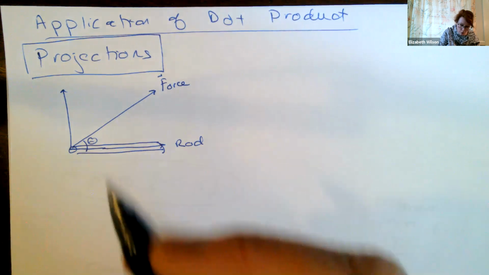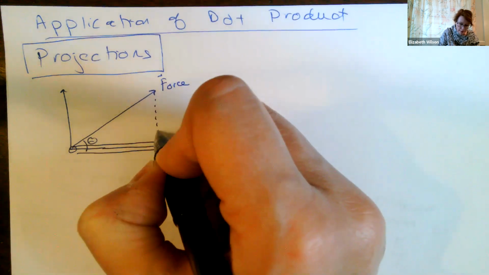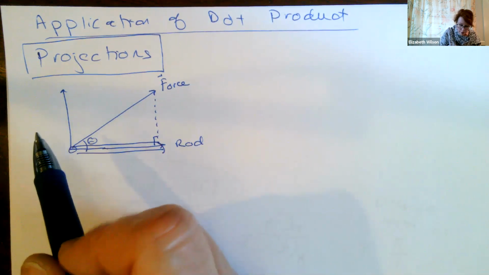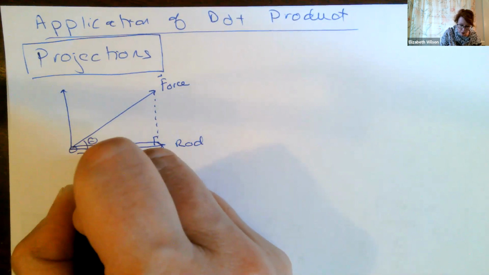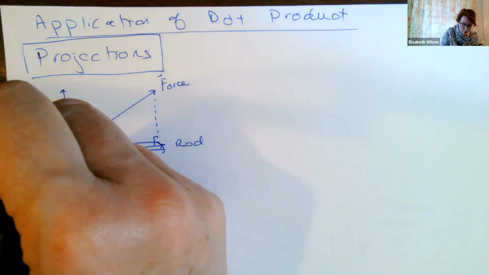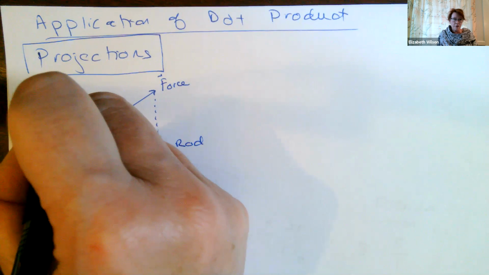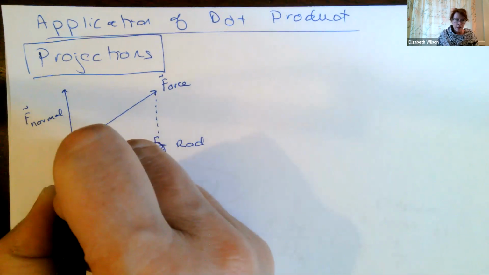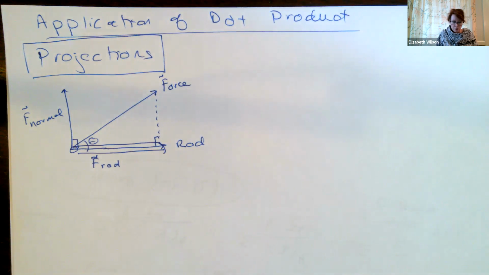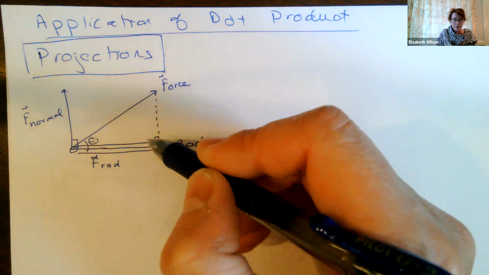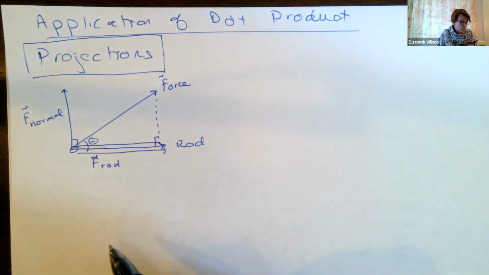One of the things that happens is we want to break this down into the force on the rod and the force orthogonal or normal to the rod. We would call this the force F sub n, which is our normal force, which means it's orthogonal to that. So a projection is I'm going to take this force and project it onto the rod to find out basically our horizontal component of it.